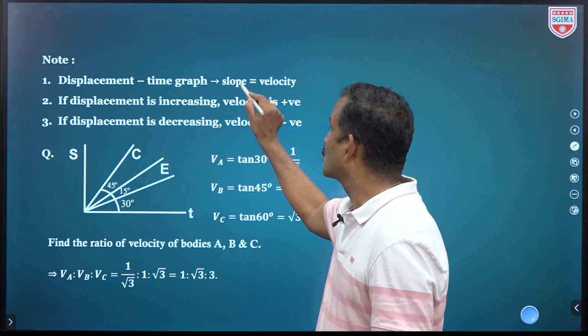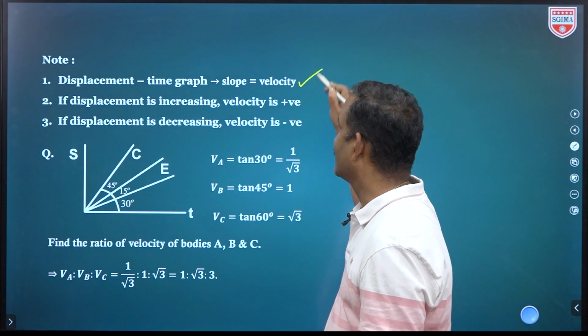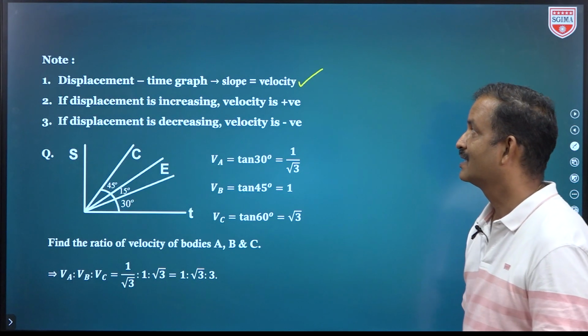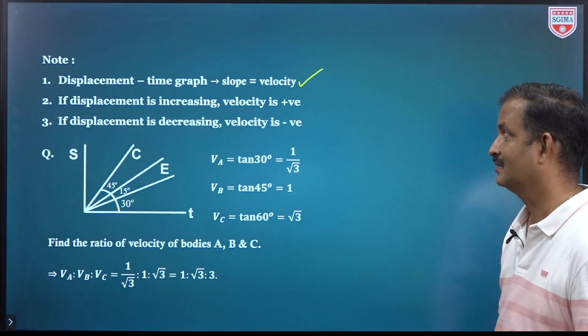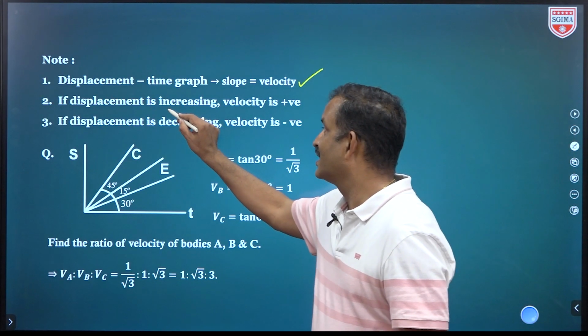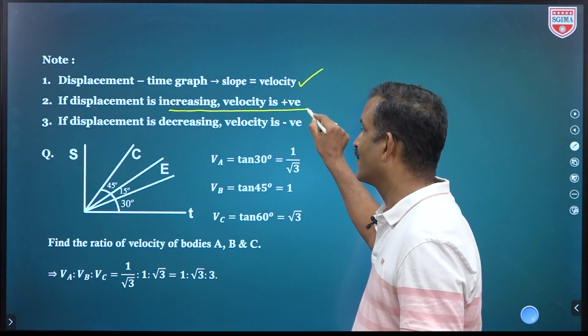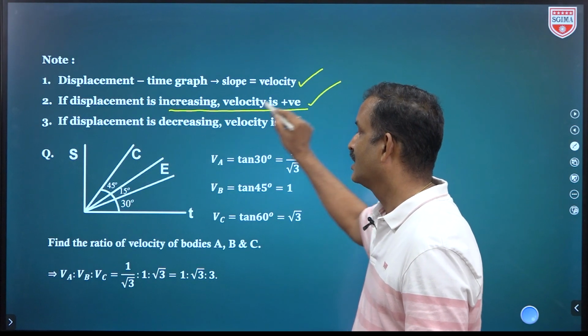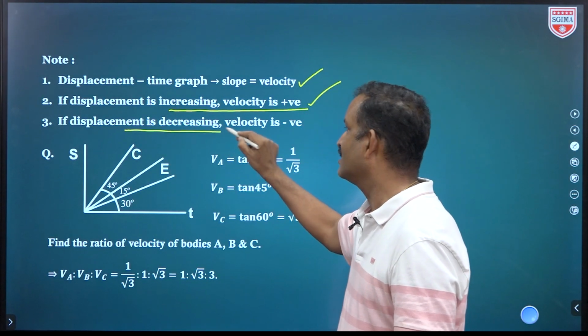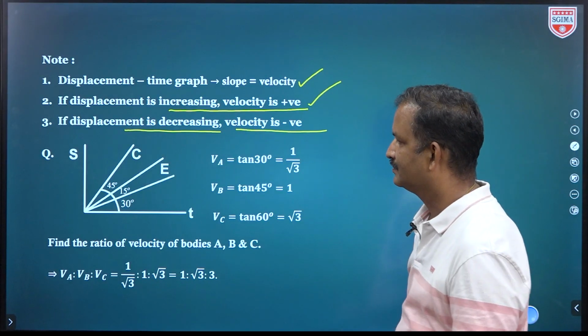In a displacement time graph, the slope is velocity. A very, very important point: if displacement is increasing, it means the body is moving away from the point of observation, and velocity is positive. If displacement is decreasing, velocity is negative.